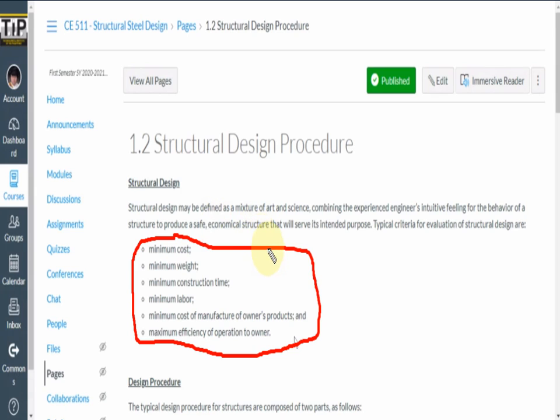Okay. Next, minimum construction time. So you want the structure to be used as soon as possible, right? Minimum labor, pretty much related to this, the minimum cost. Minimum cost of manufacture of owner's products, again, related to this. And maximum efficiency of operation to owner. Meaning, the owner wants to use the structure for as long as possible.